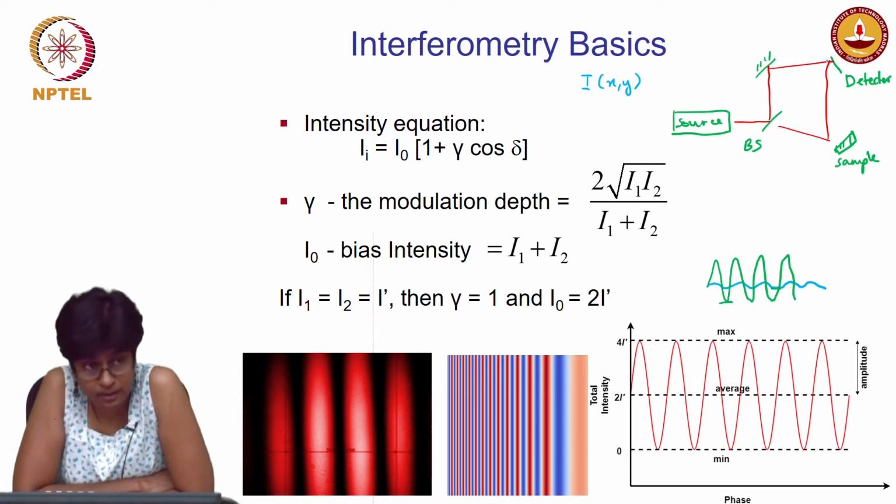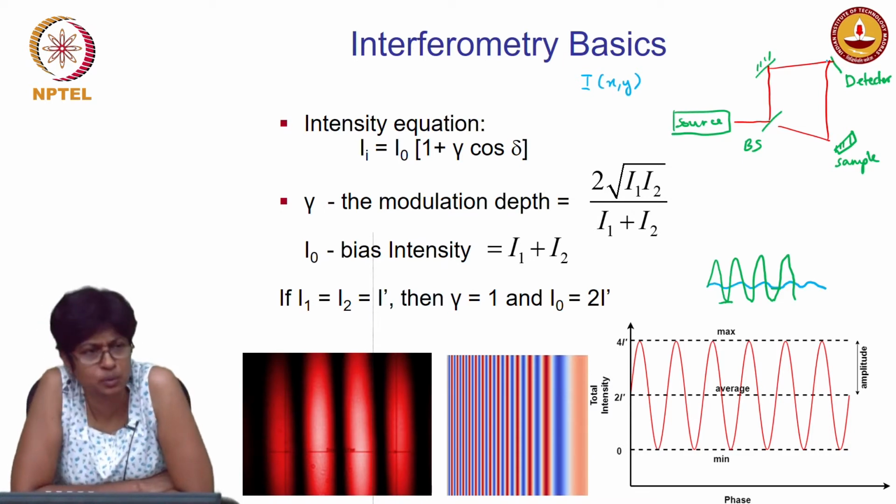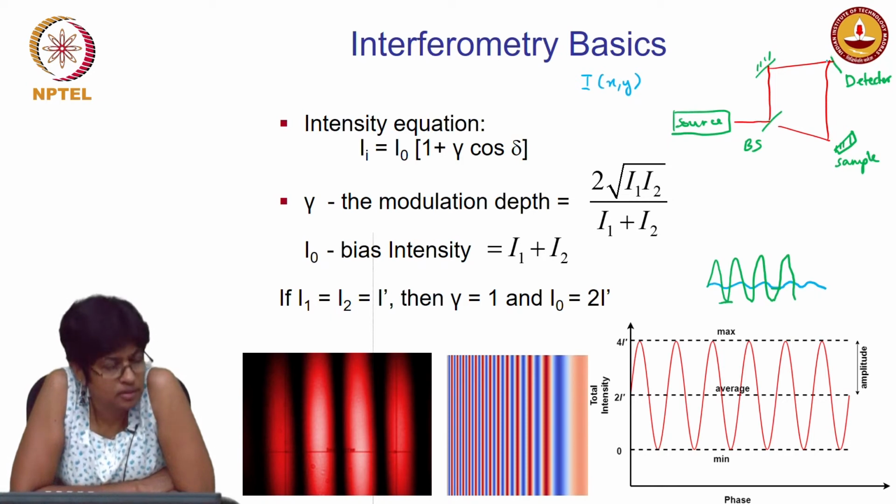So, one thing you said is lower the intensity. How would you do that? Or let me ask the question differently. How would you lower the intensity of the reference beam? Exactly, you could change the beam splitting ratio.